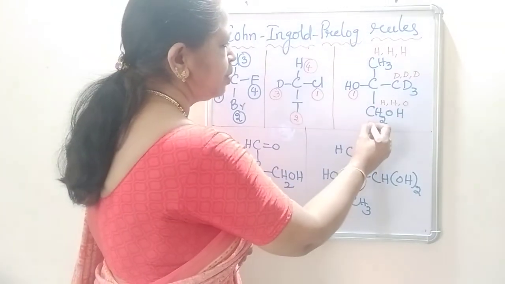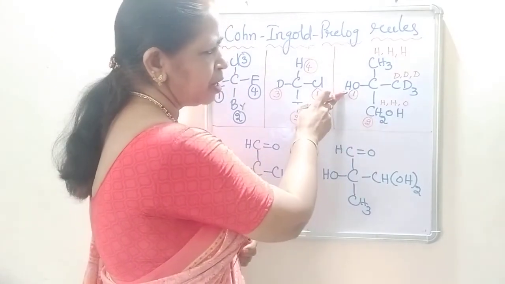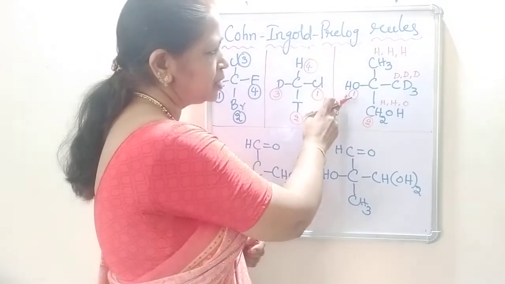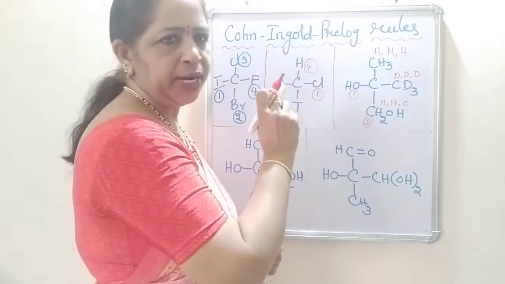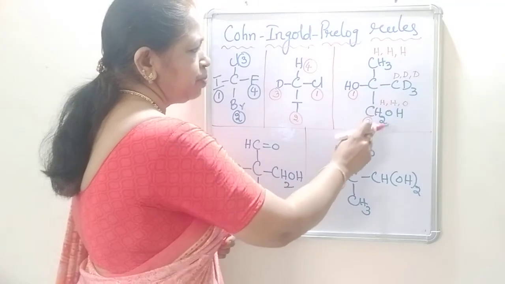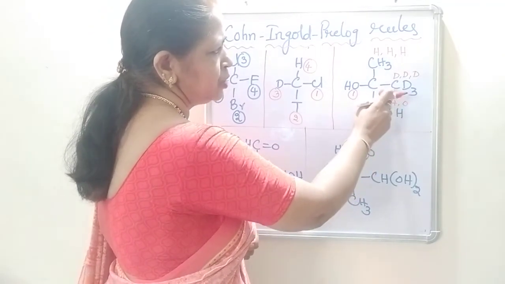So, second priority goes to CH2OH. The first priority is always given to the OH group because oxygen is the first atom to which the chiral center is bonded. The next priority goes to CH2OH and the next priority goes to CD3.